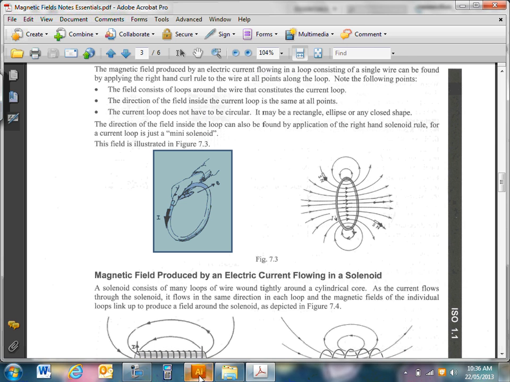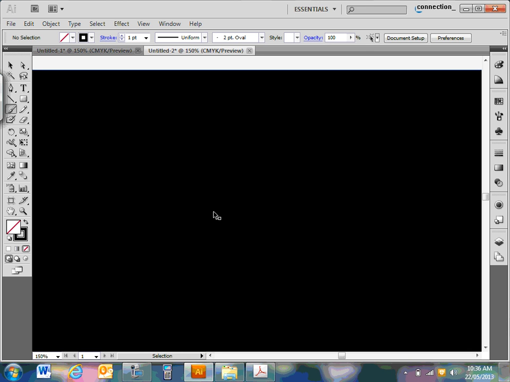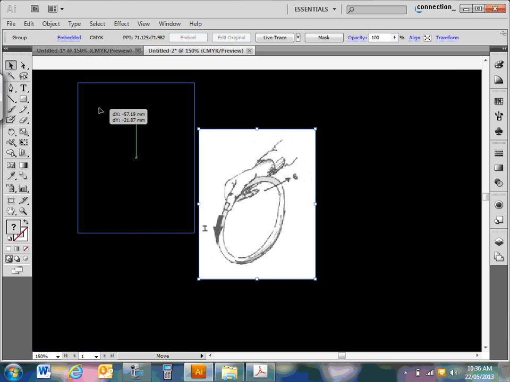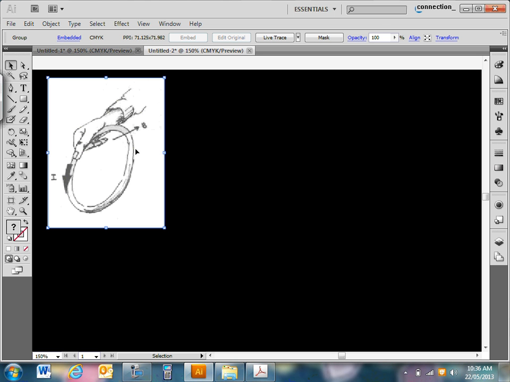Probably there are situations, but I can't think of any that are obvious right now. But just know this idea that if we have a current moving in just a loop, and you say, well, hang on, that will just burn itself out very quickly. Well, there might be a light globe in that circuit, and a battery powering the current. So we have some resistance, and it just powers that light bulb.